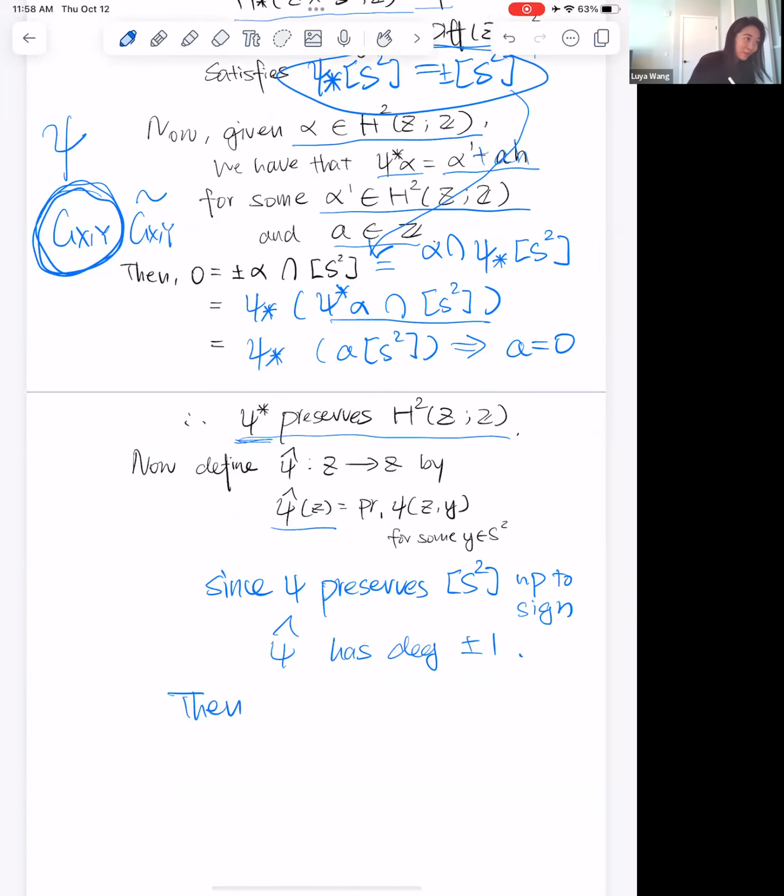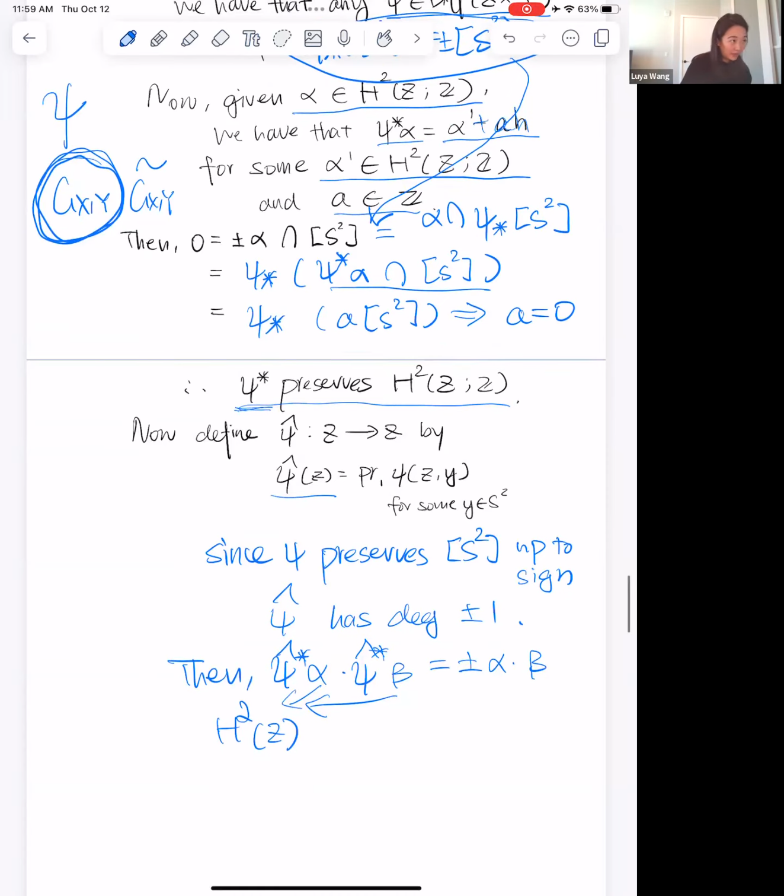Then again, by an algebraic topology computation, for any classes alpha, beta in H^2 of Z, this is equal to plus or minus alpha times beta. So you can see that psi hat is actually a homology equivalence by considering the intersection form, for example.